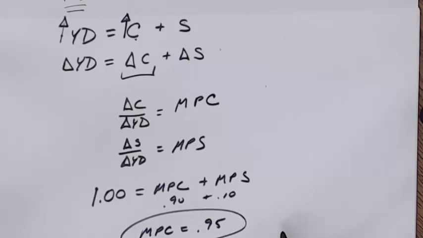Then the next person who gets that 95 cents only spends 95 cents of that, and the next person spends only 95 cents of that. So you're adding these 95 cent increments through the economy. That's what the multiplier effect does.